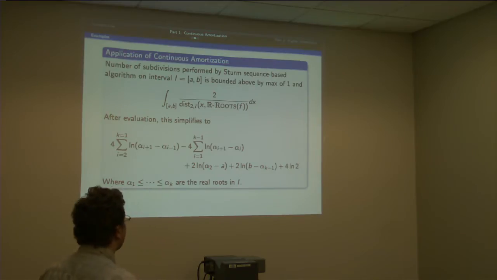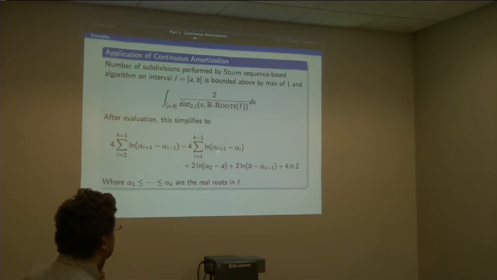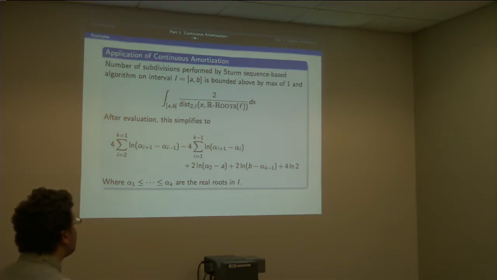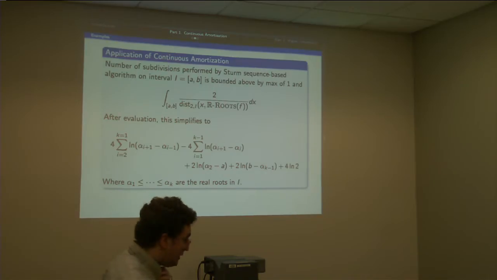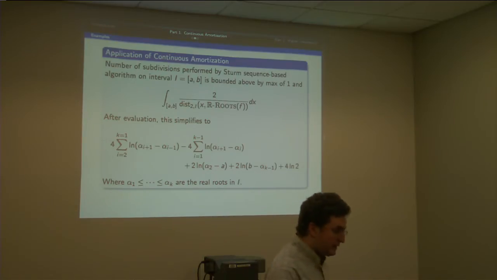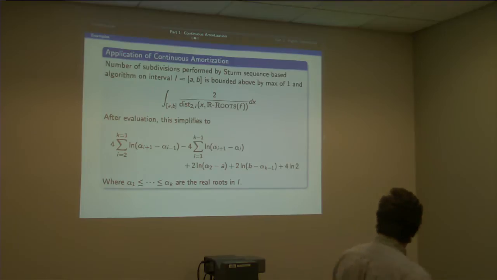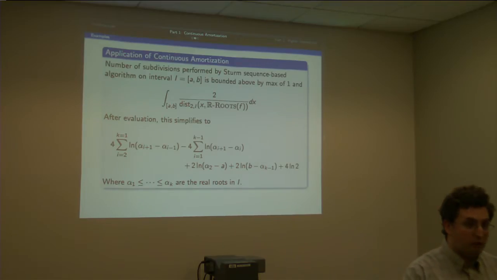So this is a bound on the number of subdivisions. You've got distances between roots, and distances between roots and endpoints. It's a very geometric answer. What we're getting is the complexity in terms of the geometry of where the roots are.